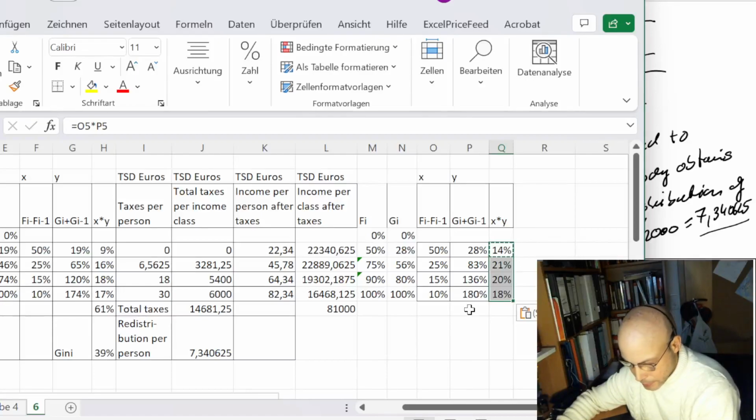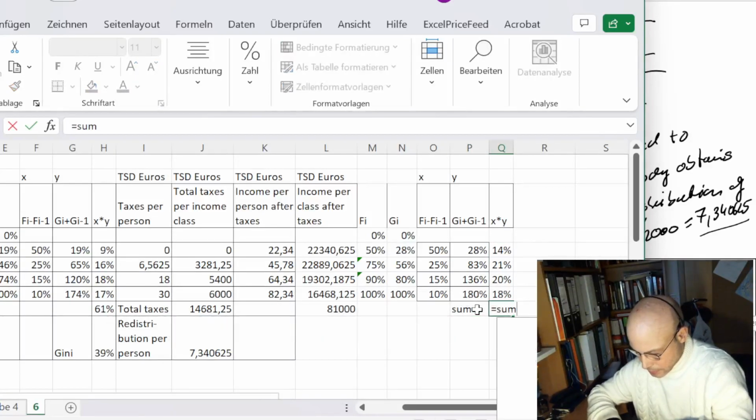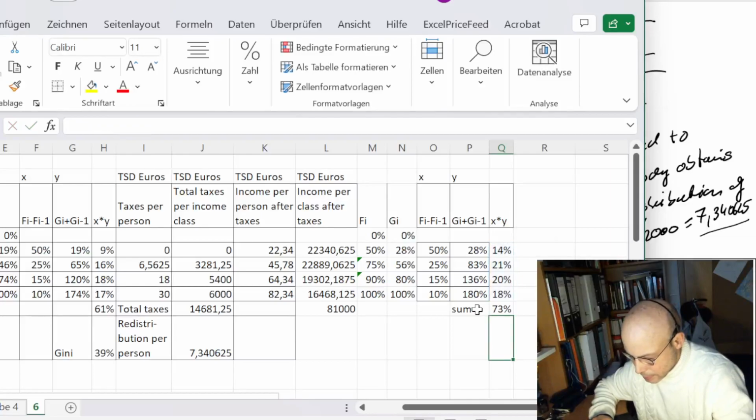And then the sum, equals sum, and the Gini coefficient is then.